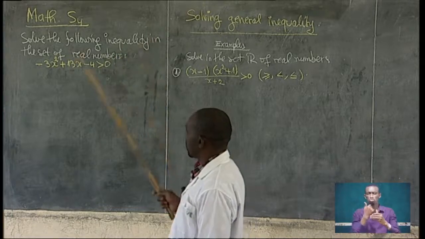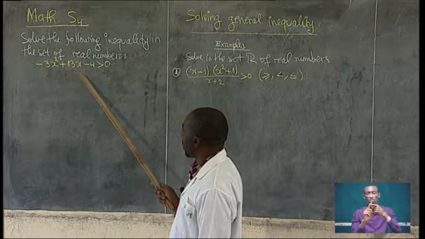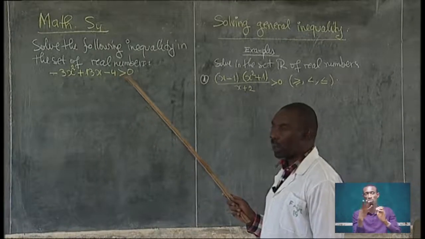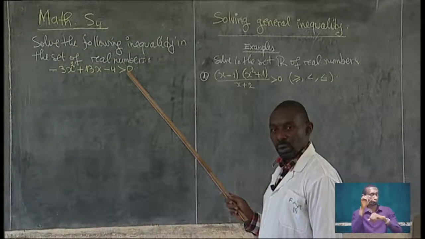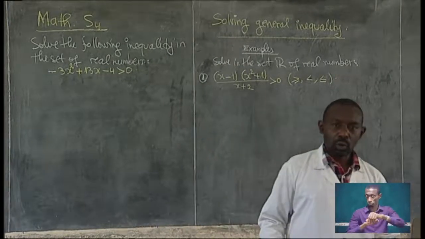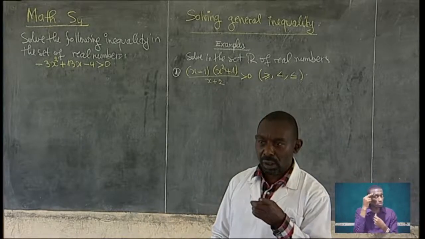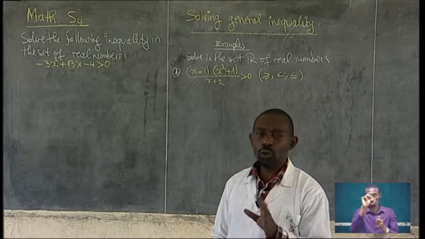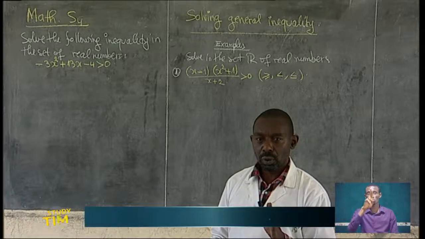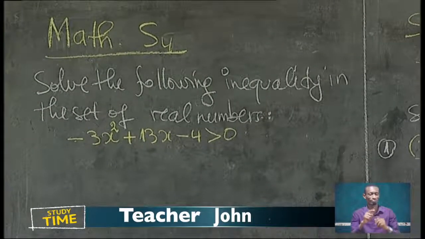The inequality is minus 3x squared plus 13x minus 4 greater than 0. You need a few seconds to solve that inequality. Remember that solving inequality, you may give the set of solution. So go on.